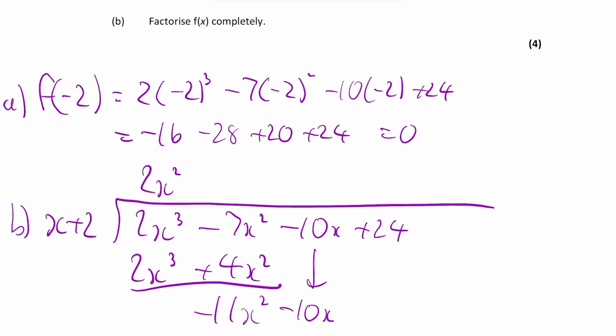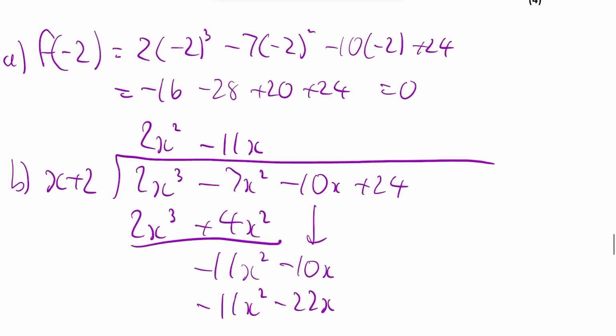X's into minus 11x squared go negative 11x times. And if we multiply through x plus 2 by minus 11x, you get minus 11x squared minus 22x. Minus 10x, take away negative 22 is 12x. And 12x goes into x 2 times.